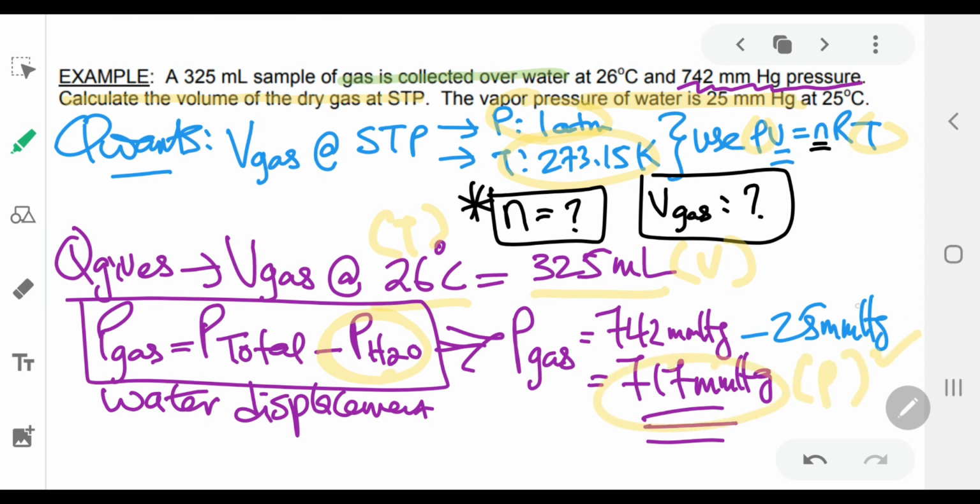We have P, V, and then we can find N, R is the constant, and then T. So as you can see, we need to do a bit of a conversion over here before we do anything else.